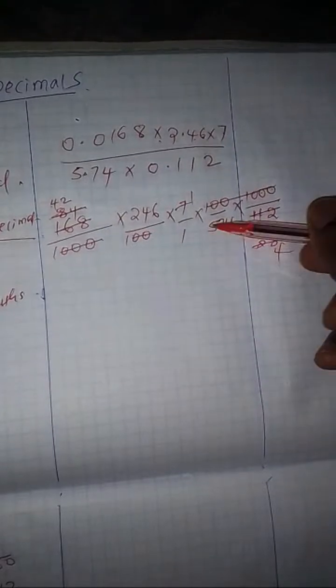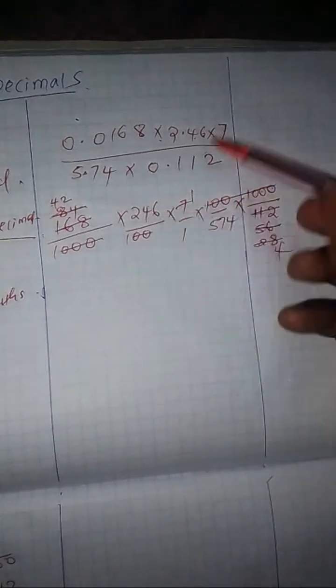The side that now we want to simplify is this other side. This 574 we want to simplify with 246 and 42.